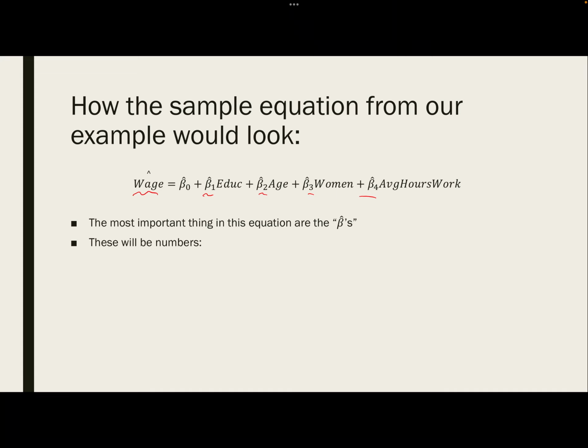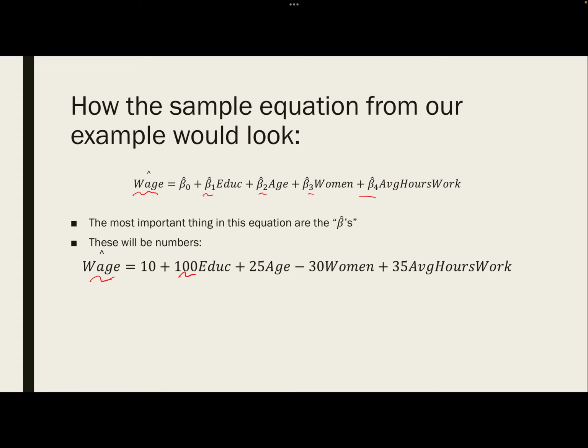When these become numbers, when they move from estimators to estimates, it might look something like this. If this was weekly wage, I think I keep jumping back and forth between hourly wage and weekly wage, but let's say this is weekly wage, and we wanted to interpret this 100.